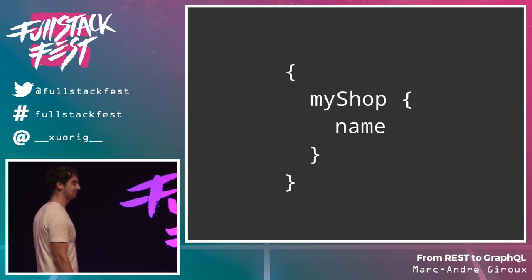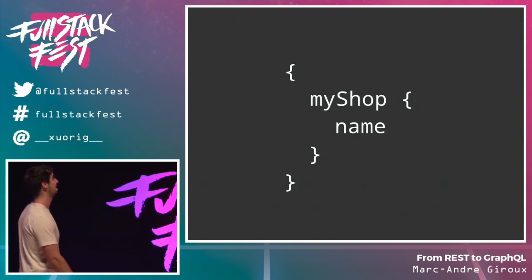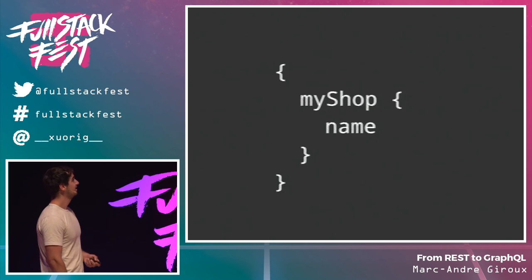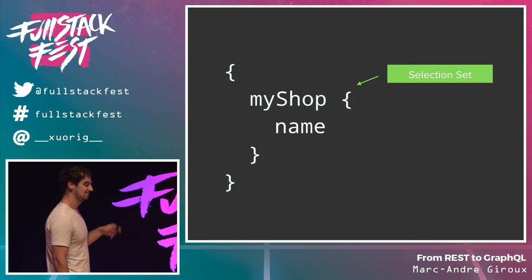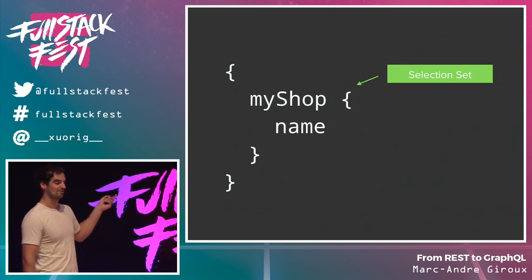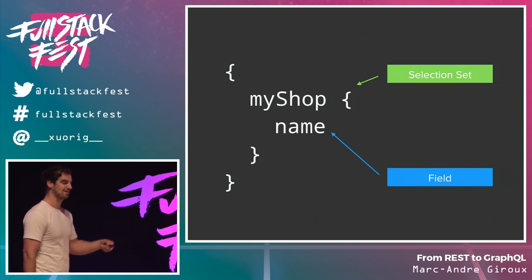So this is a really simple GraphQL query. It's kind of like the hello world of GraphQL. What I have here are brackets, a selection set. Basically I tell GraphQL what I want to select on that object, and I have fields inside these brackets.